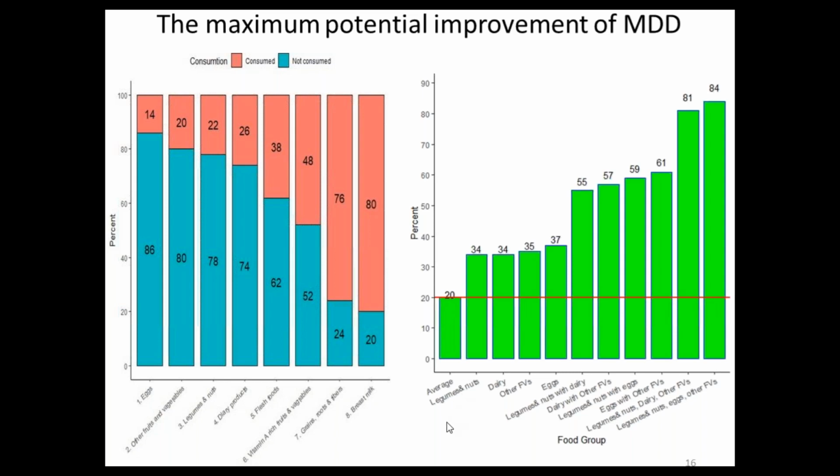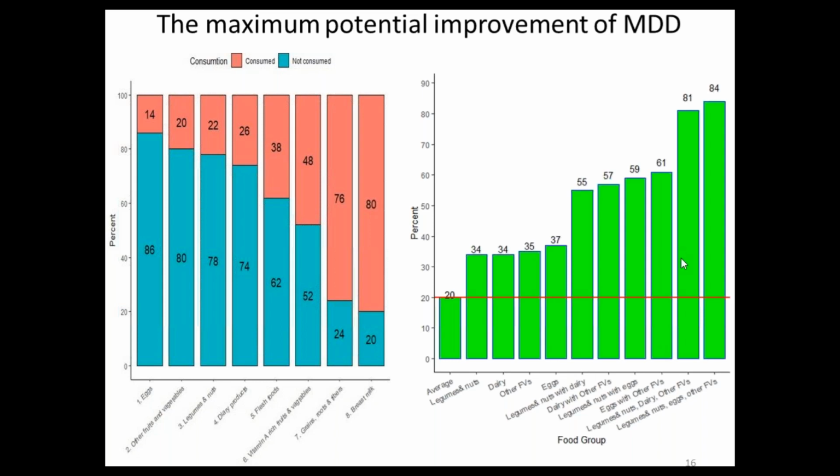When we work on legumes and nuts, it can reach 34%. Among single food items, the maximum contribution found is 37%, and it can be changed to 70% when working on eggs.